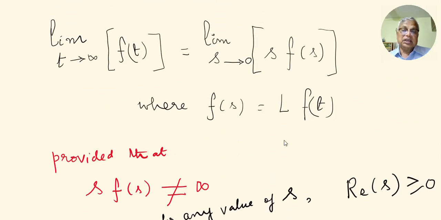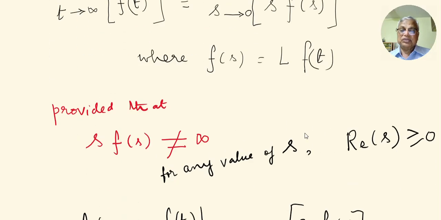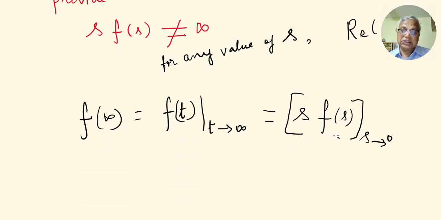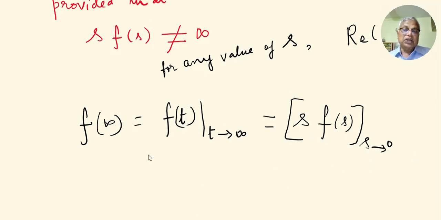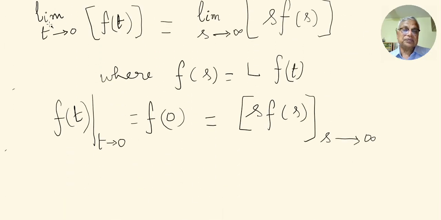The advantage of these theorems, when you go to control system analysis, is that you can find the initial and final values of the functions.